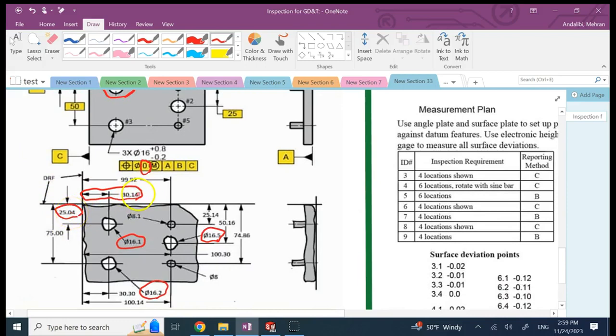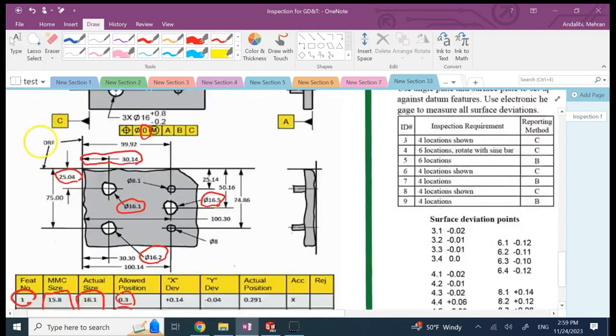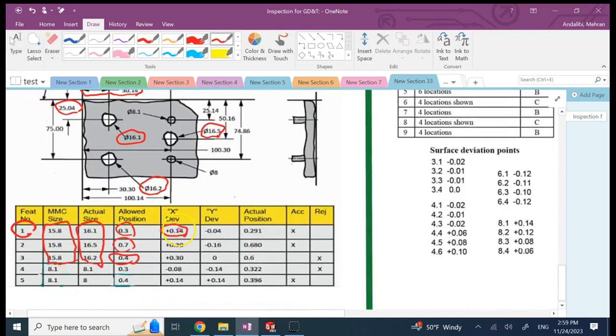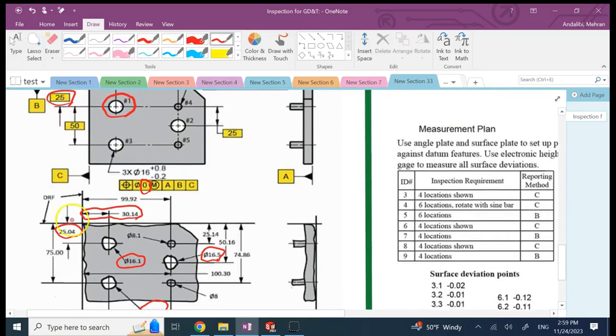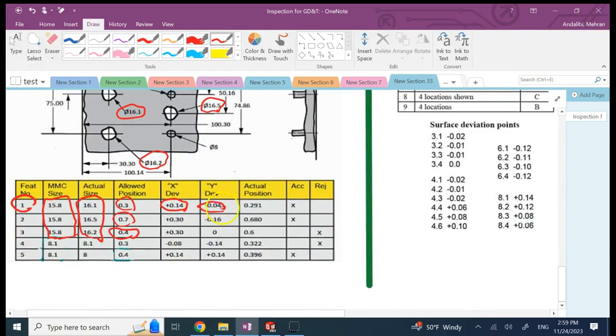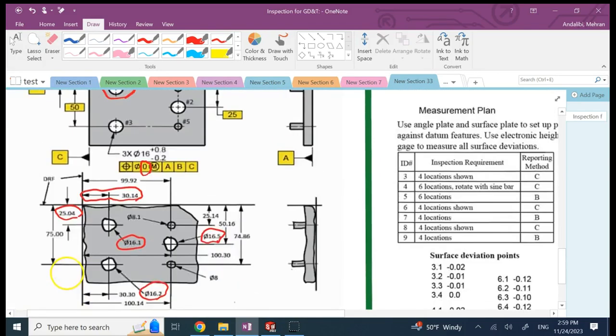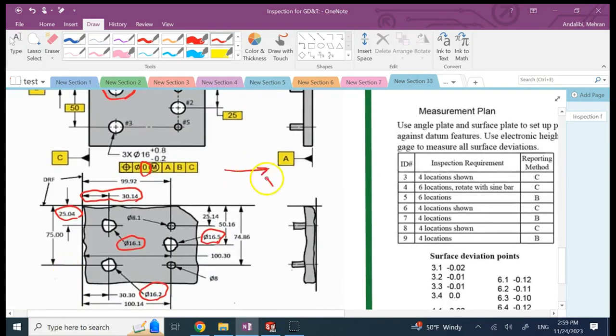So if I subtract 30.14 minus 30, you get 0.14 positive for X. And if I subtract 25 minus 25.04, I get negative 0.04 for the Y. You might say, why is the Y negative and X is positive, right? Because X here, my X is measured this way. And so here, the actual measurement is to the right of the basic dimension.